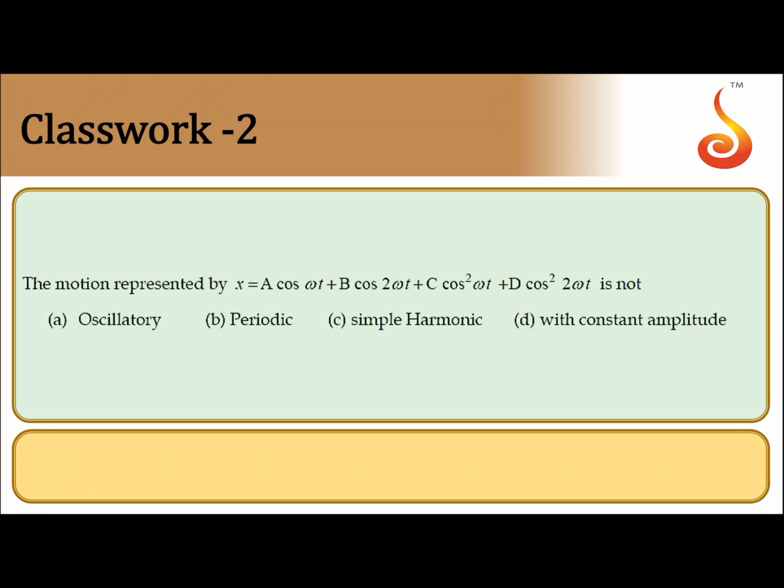The motion represented by x is equal to a cos omega t, b cos 2 omega t, c cos square omega t plus d cos square 2 omega t is: not oscillatory, periodic, simple harmonic with constant amplitude. Each function is a sine function or cosine function here. A sine function represents a periodic function.